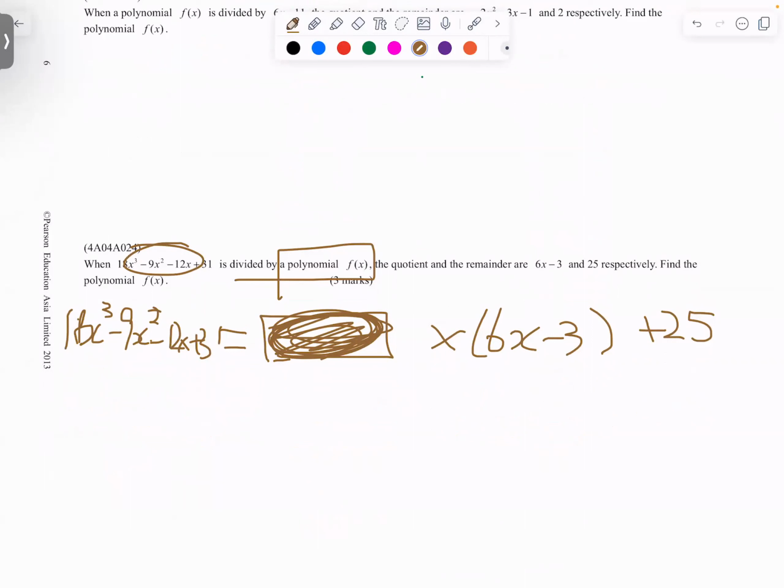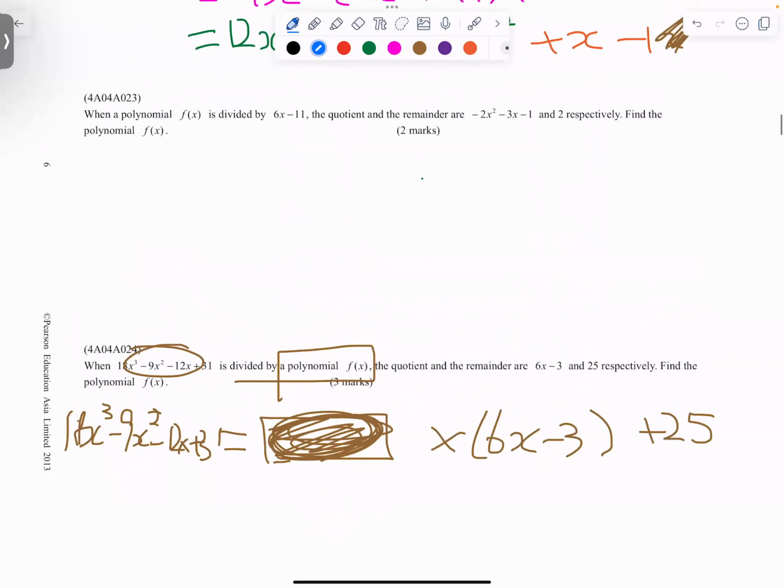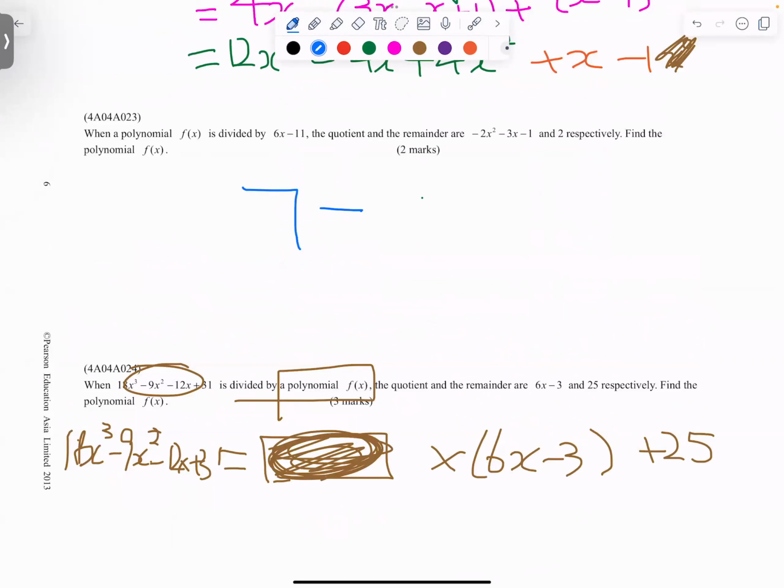There are a few methods. For example, if it was a normal calculation like 7 equals 5a plus 2, how do you do this one? How do I find this a?